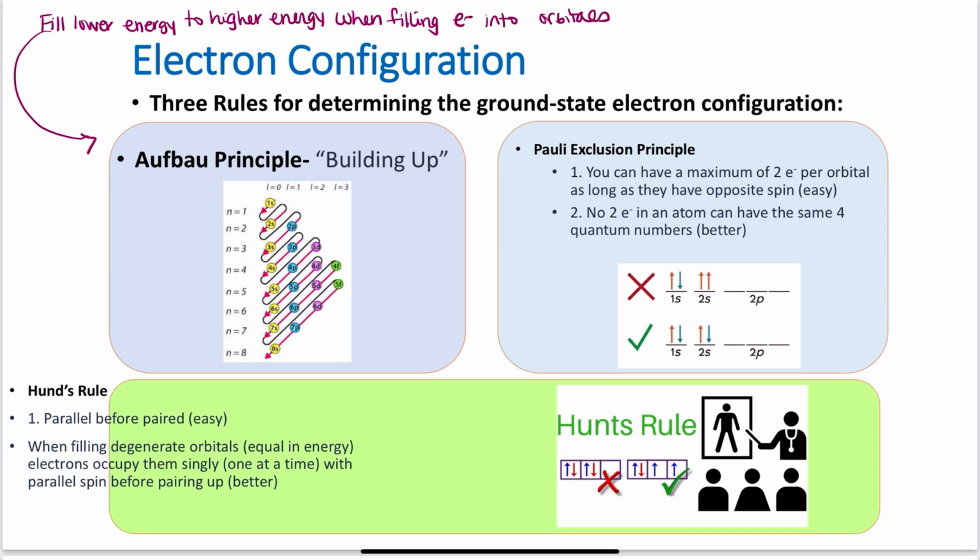Again, that is the Aufbau principle. We can do it through the method that I was talking about, using the periodic table, or I will explain this method in just a second.